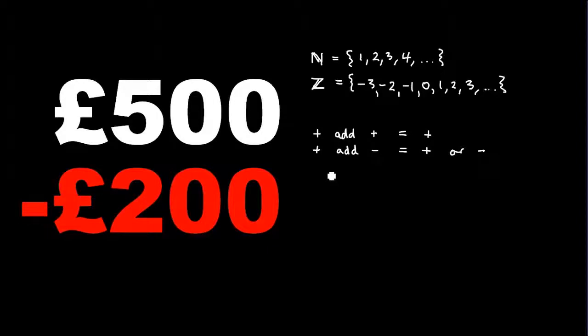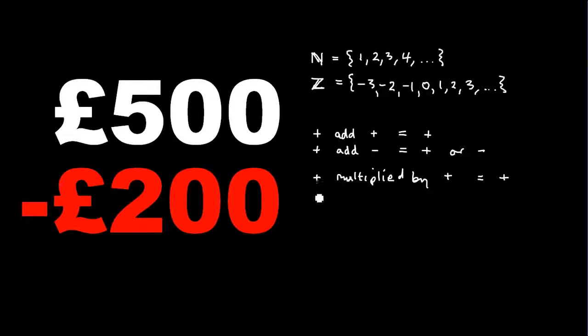They're not rules as such, but the one thing that is very consistent is when we get things happening with multiplication and division. So if we have a positive multiplied by another positive, then what we would get, same as with the addition, we will still get a positive.